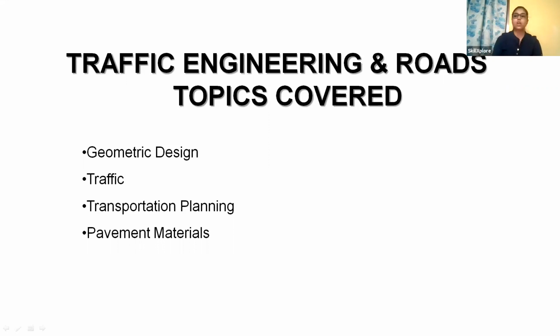And if one person is traveling from office to home, that is also a home-based trip. So whether it is for office purpose or for home purpose, and in which mode that person is traveling, is he traveling through a bus, or why is he choosing that mode? All these things will be coming under the transportation planning area.